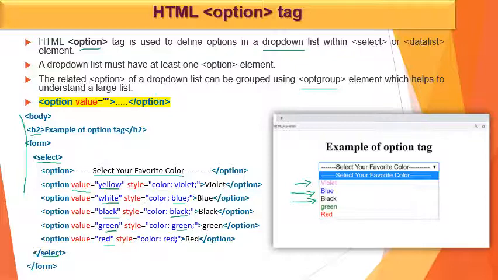The fourth color is displayed as green, and that is specified with the style color colon green, which is specified in double quotation, and a semicolon is given. At the last, color colon red is given, and red color is displayed in our output. All these information have captions violet, black, blue, black, green, and red. Okay, so that is the option tag.